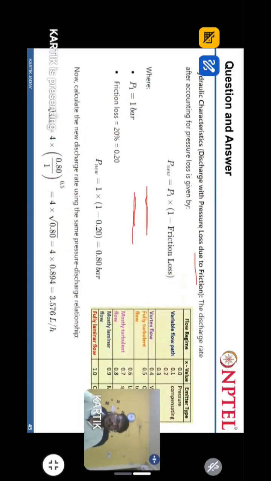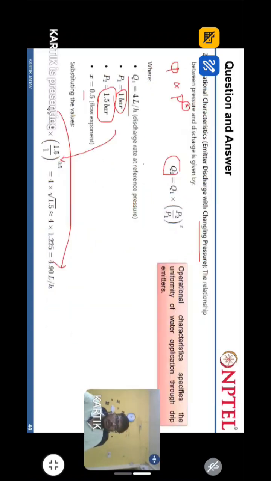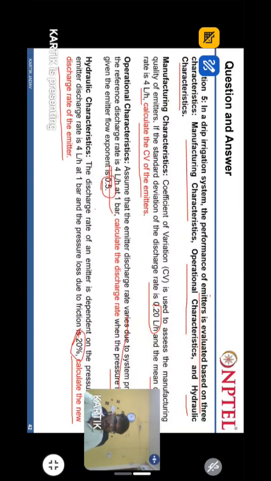Here it is the pressure lost due to friction. If the emitter discharge is given as 4 liter per hour at 1 bar, and pressure loss due to friction is 20%, calculate the new discharge rate for the emitter.